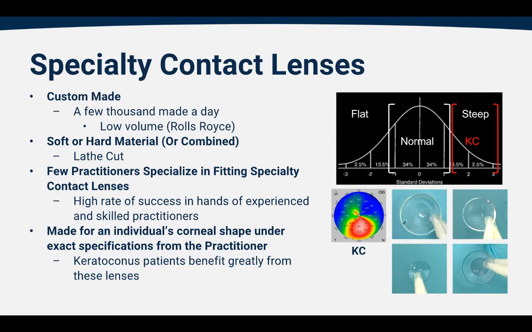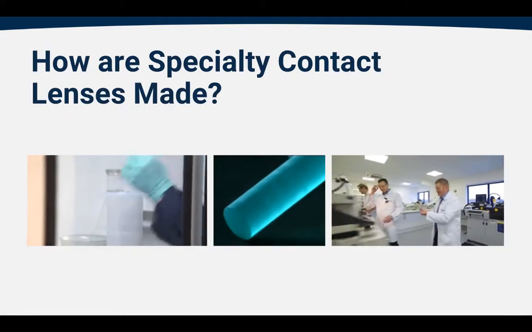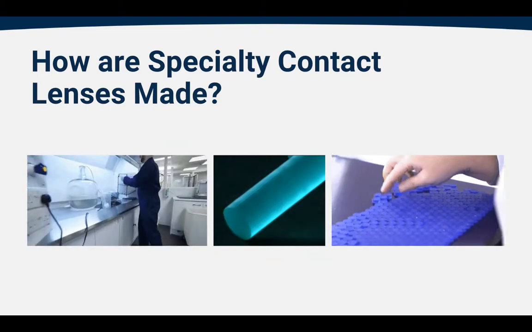Now all these lenses come in a variety of shapes and sizes. In fact, the combinations are almost endless. A skilled practitioner will be able to fit your cornea no matter what shape, size, or any sort of parameter that's needed. So, how are these specialty contact lenses made?